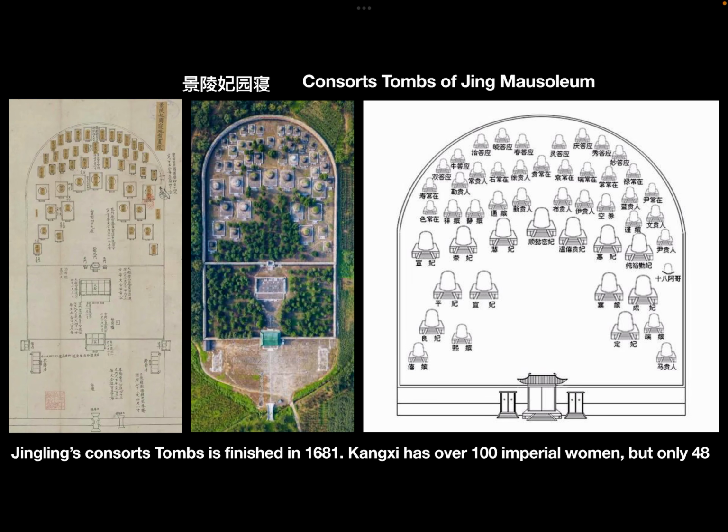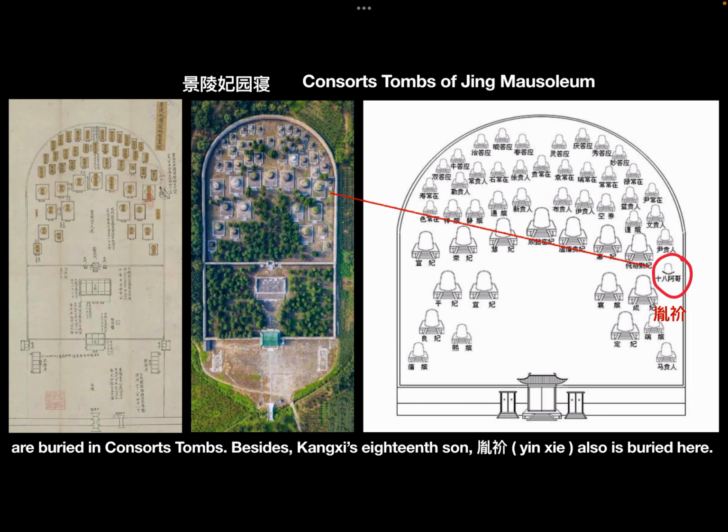Jingling's consort tombs were finished in 1681. Kangxi had over 100 imperial women, but only 48 are buried in the consort tombs. Besides, Kangxi's 18th son, Yunxie, is also buried here.